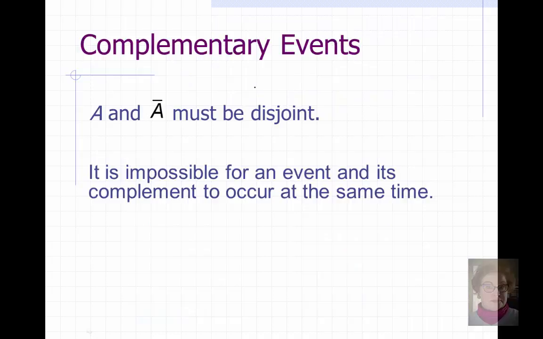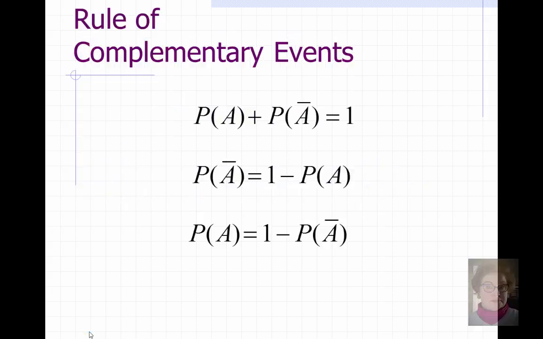When we talk about complementary events, A and not A must be disjoint because it's impossible for an event to happen and not happen at the same time. So A and not A will be disjoint. And again, here are the rules for our complementary events.